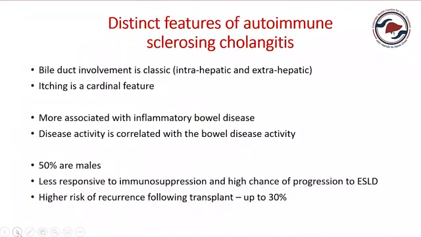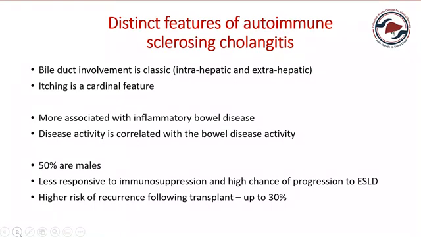Let's look at some distinct features of autoimmune sclerosing cholangitis compared to autoimmune hepatitis. The bile duct involvement is classic in the disease compared to autoimmune hepatitis. Due to that, itching is a cardinal clinical feature.